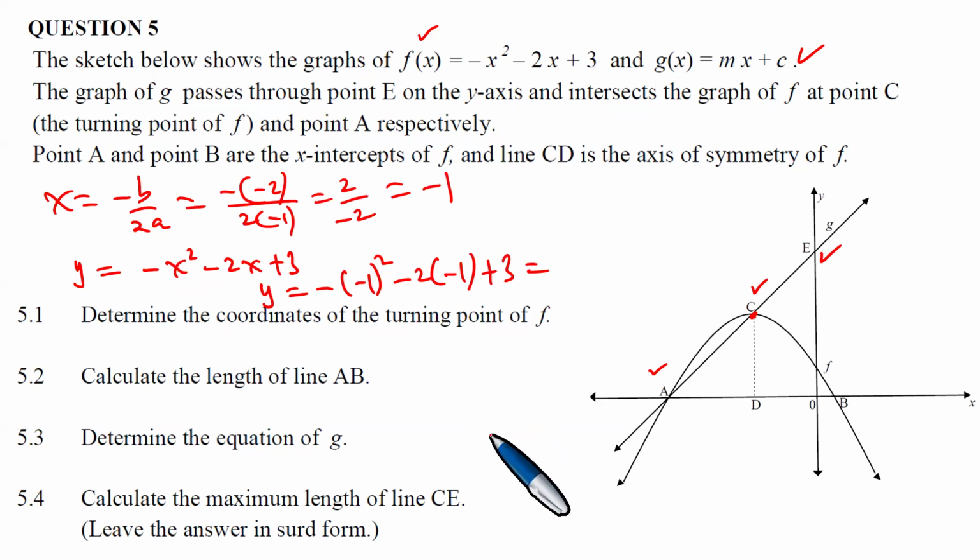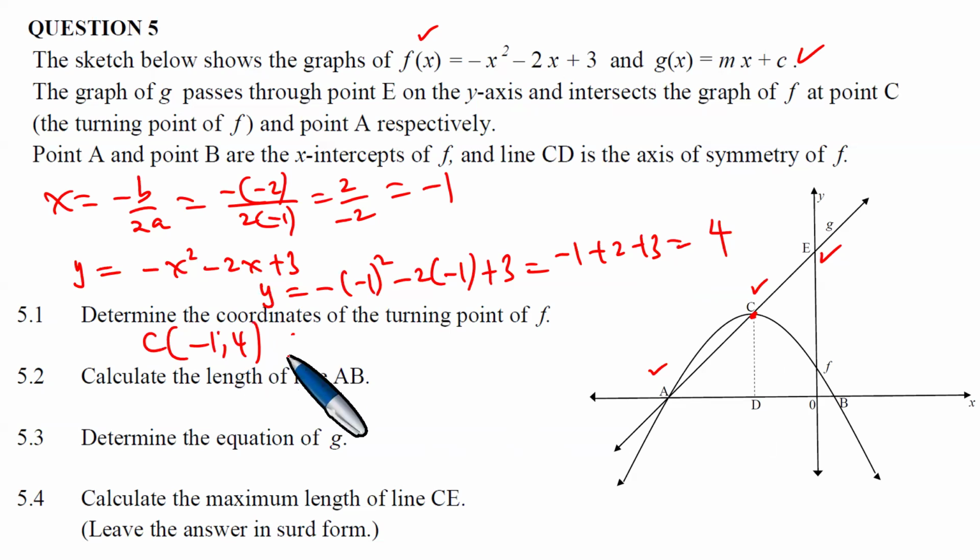Squaring minus 1 gives 1, so we get minus 1 plus 2 plus 3, which is 5 minus 1, giving us 4. So the coordinates of the turning point are x equals minus 1 and y equals 4.